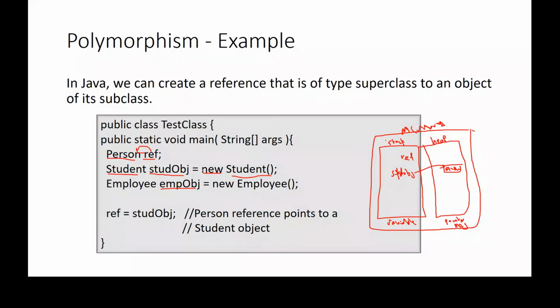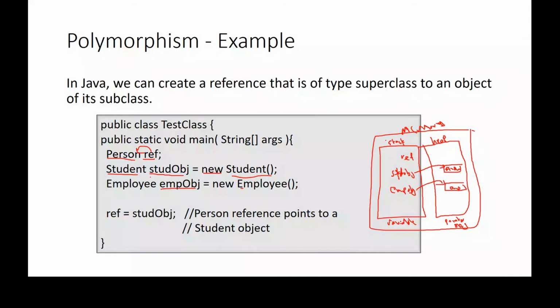Also, we create an employee, and we call the variable emp_obj. This is a variable and we use new. This creates an Employee object in the memory. Okay, this is an object.